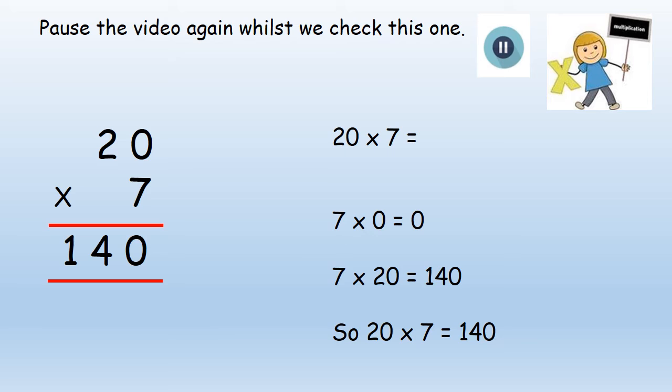And then we need to do 7 multiplied by 20, which of course is 140. I hope you haven't written that 0 twice in the ones column. If you have, you won't have 140, you'll have 1,400, which is a little bit too big, isn't it? So you should have 20 times 7 equals 140. Well done if you got that one right.